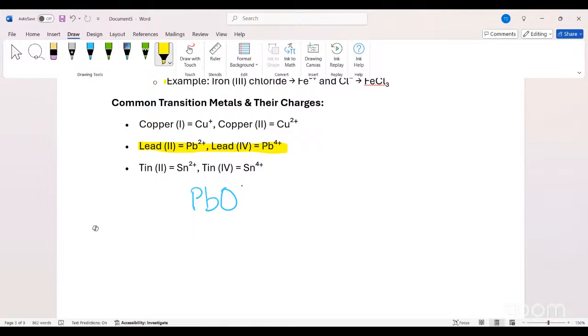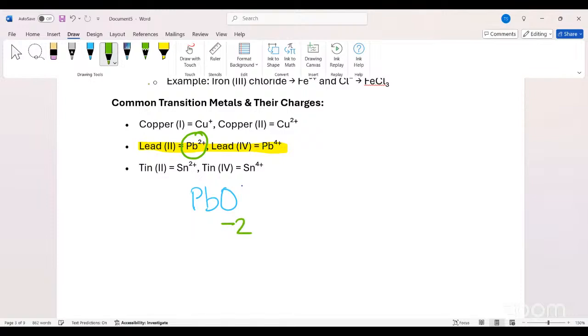Okay, guys, look at your answers. I see a couple in the comment box. Okay, here it is. Right there, you know it's going to be either lead 2 or lead 4. Well, here's how you know which one it is. I know that oxygen only has a -2 charge.